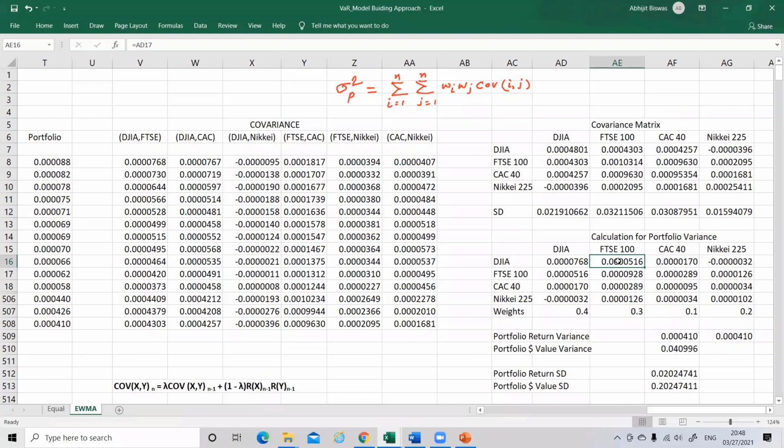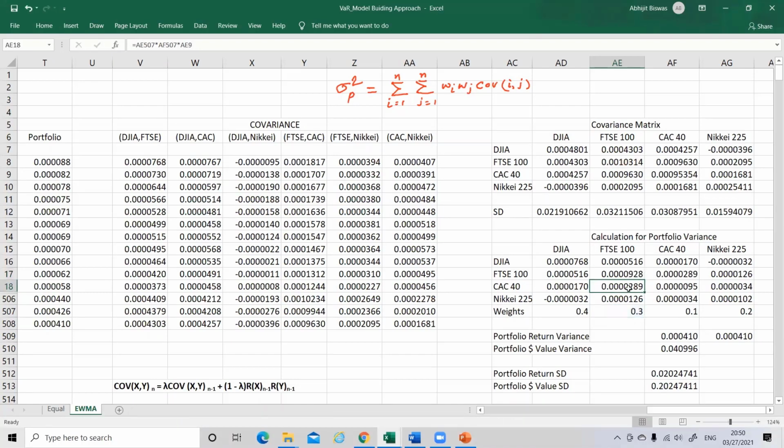Let us come to the FTSE column. This is already calculated, so just type AD17. Next, FTSE and FTSE: weight of FTSE multiplied by weight of FTSE, then covariance between FTSE and FTSE.